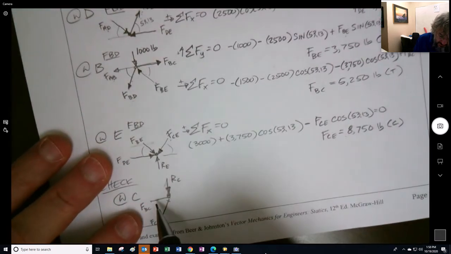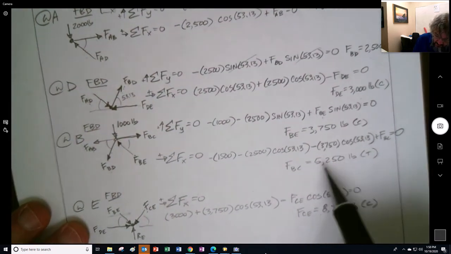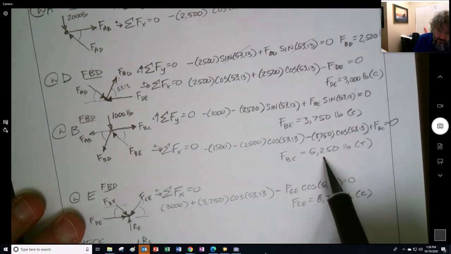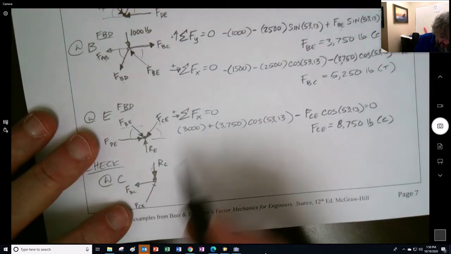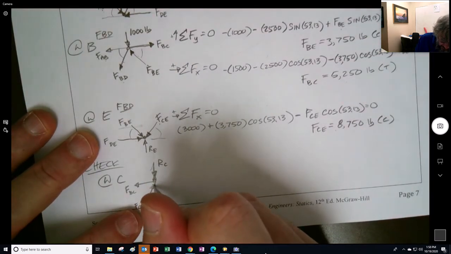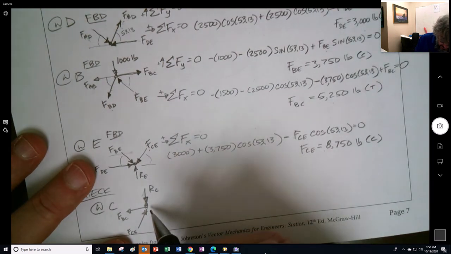So we don't need it. Let me see. BC was something we found. Where do we find it? Okay, right here, and it's 5,250, and it's in tension. So it comes in this way. So our conclusion is this must be in compression, that FCE. So we could take either way that we want to go.